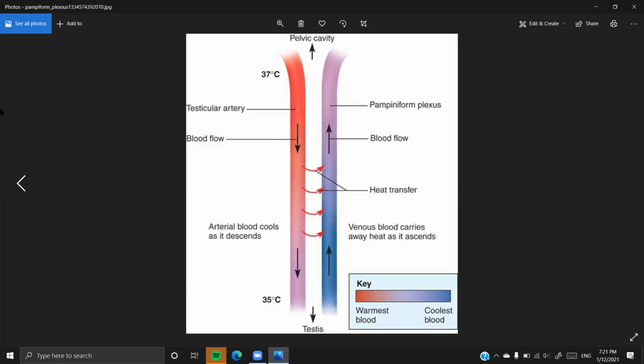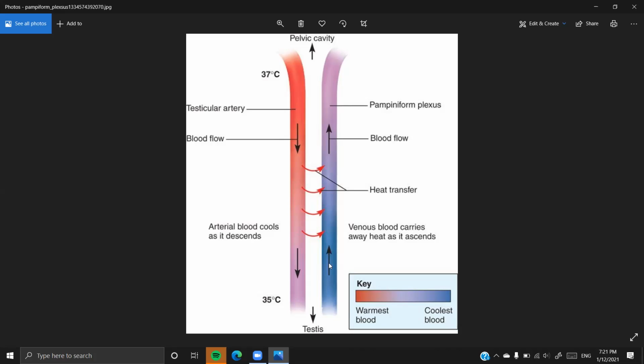So I was speaking about the pampiniform plexus. This way you can see the arterial blood, testicular arteries, are at 37 degrees centigrade. Now what is happening is that heat transfer happens between the testicular artery and the testicular veins, which is called the pampiniform plexus. Due to the heat loss, the temperature drops to 35.